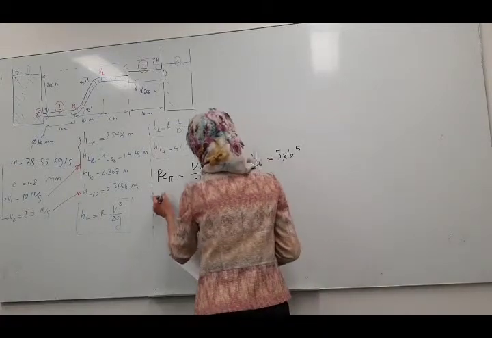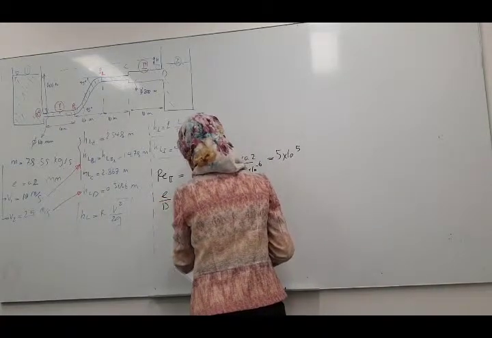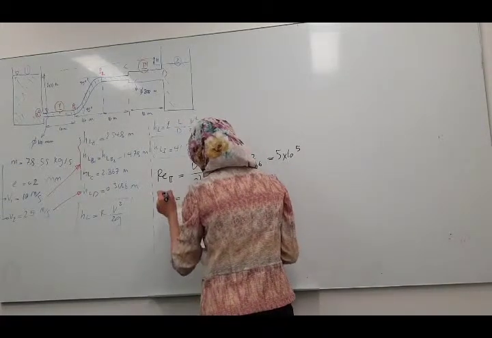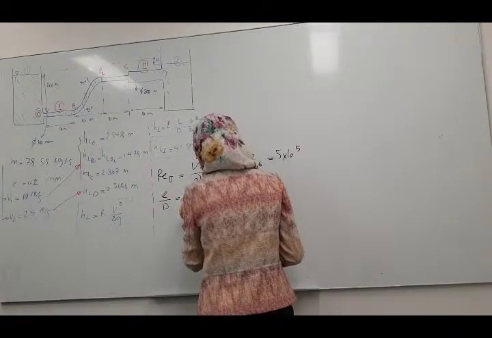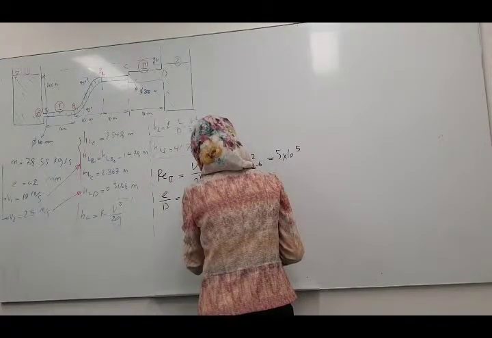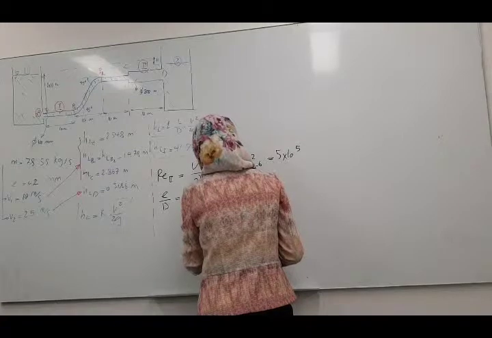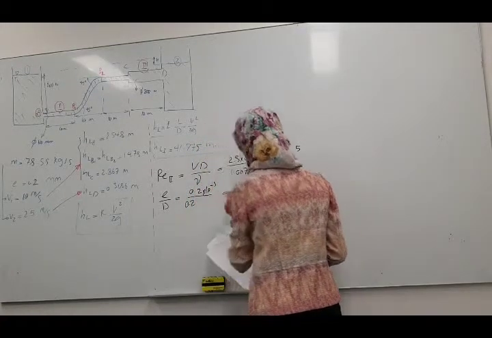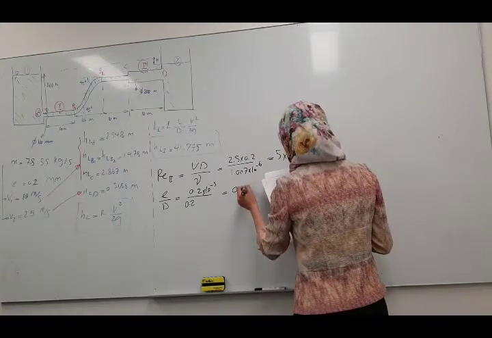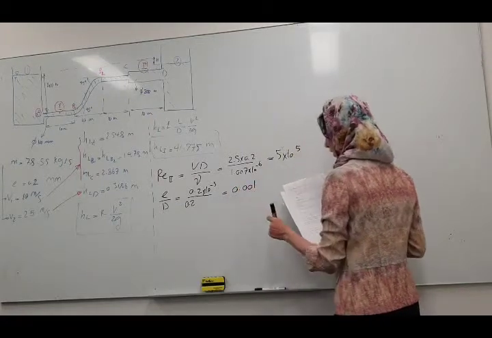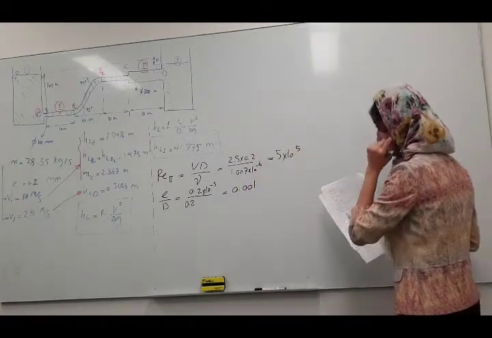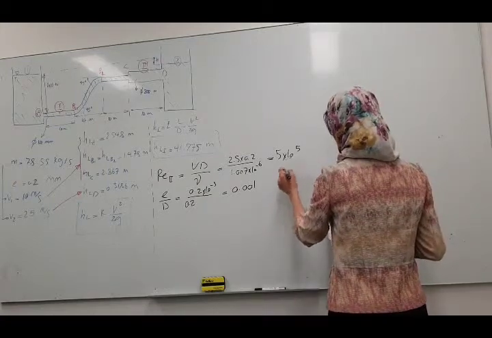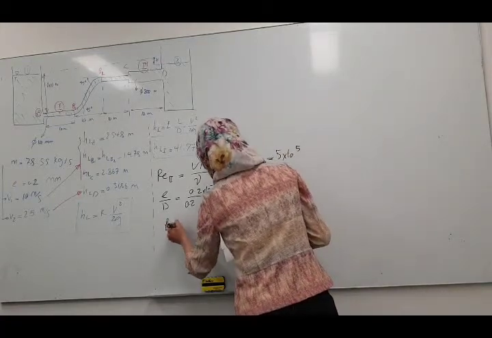And the other parameter we need is the relative roughness for the second pipe. So it's 0.2 divided by 200, and the relative roughness will be about 0.001.